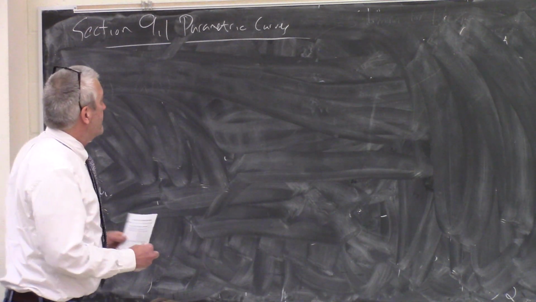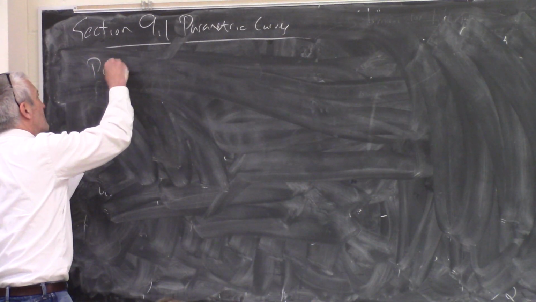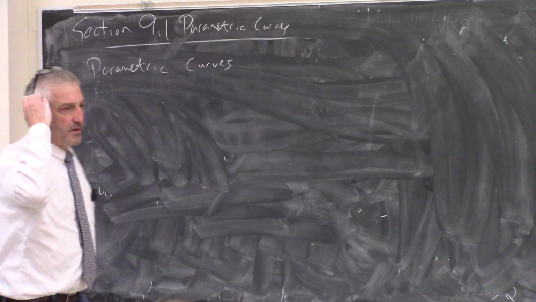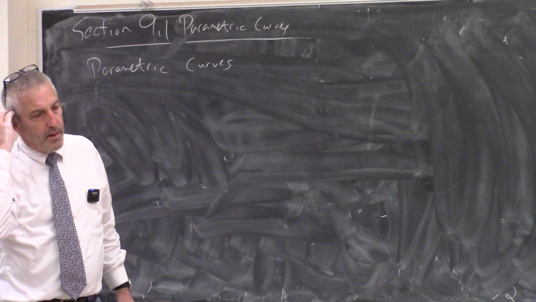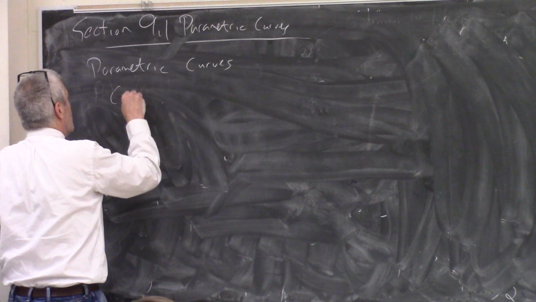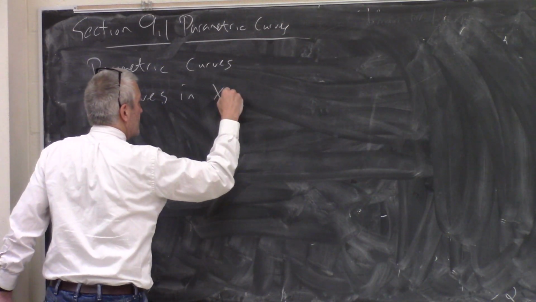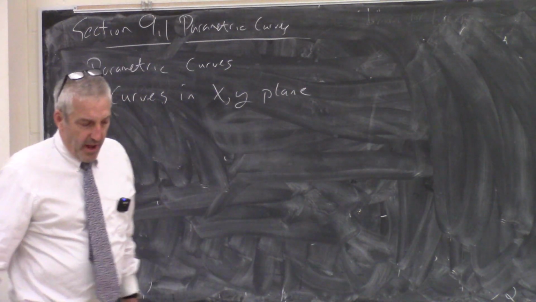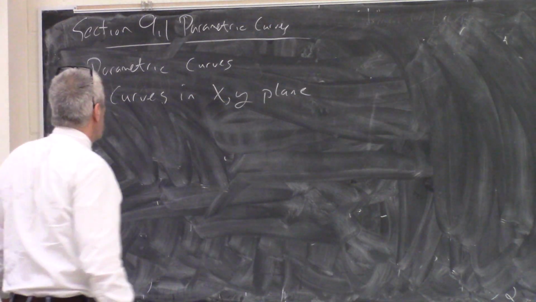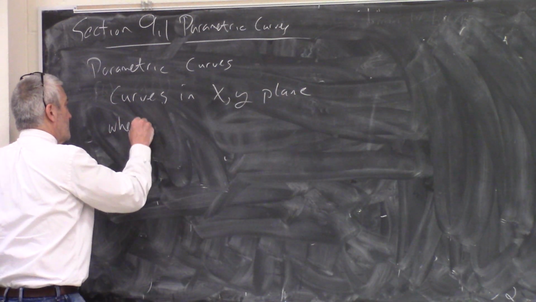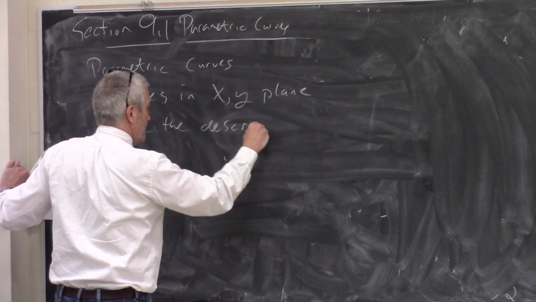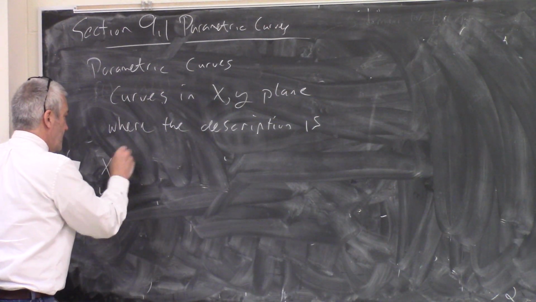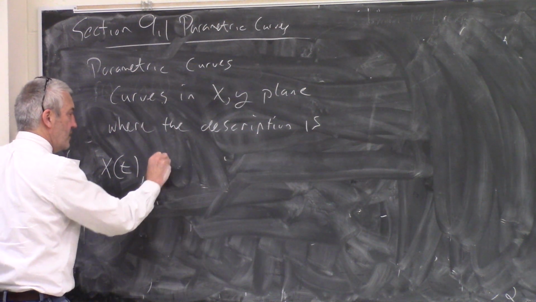The idea of parametric curves is that they're curves in the xy plane where x is a function of some variable t, and y is a function of some variable t.